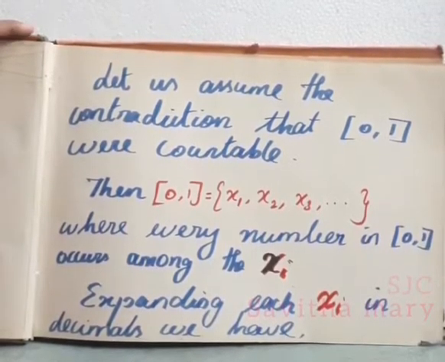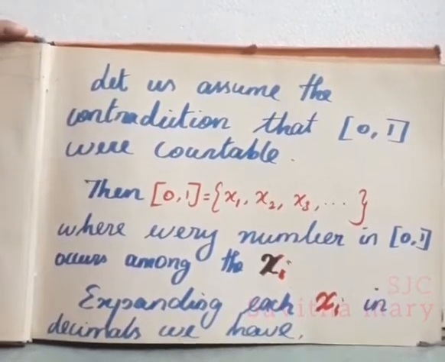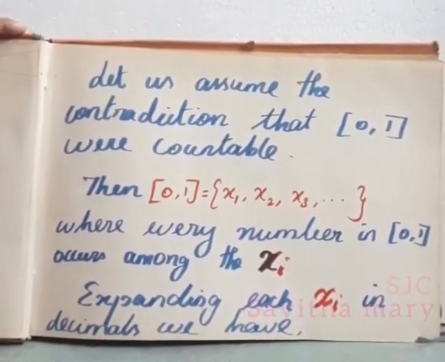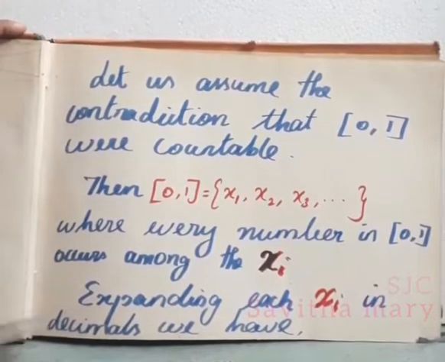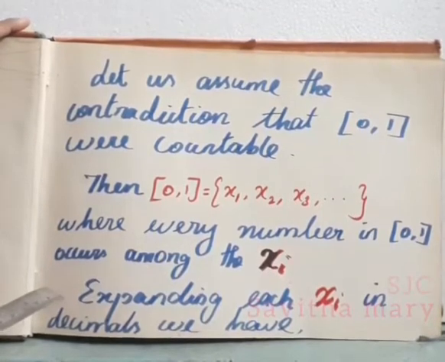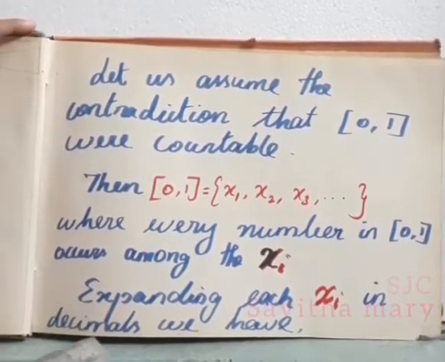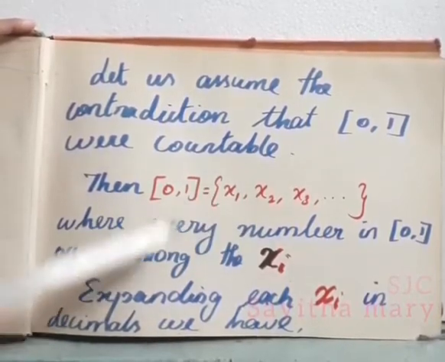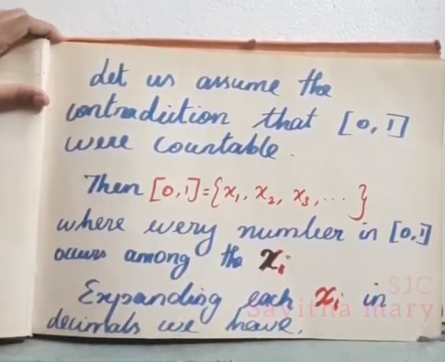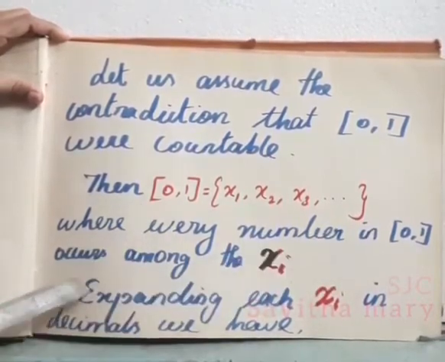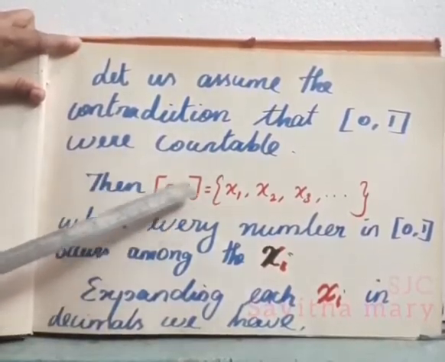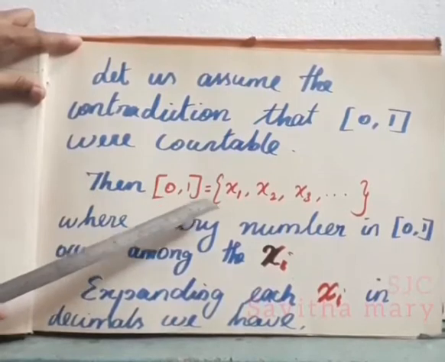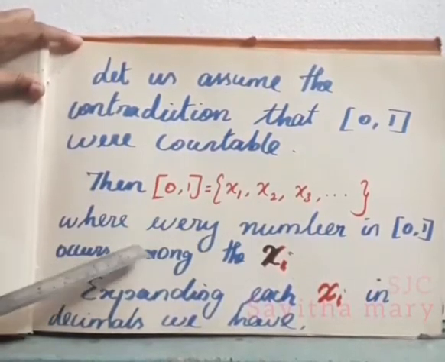By the definition of a countable set, we can arrange the numbers in the unit interval in a sequence x1, x2, x3, and so on. Here x1, x2, x3 are decimal numbers, and every number in (0, 1) occurs among the xi. This is our assumption.